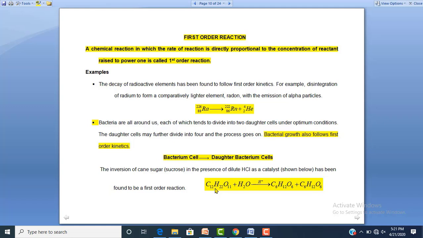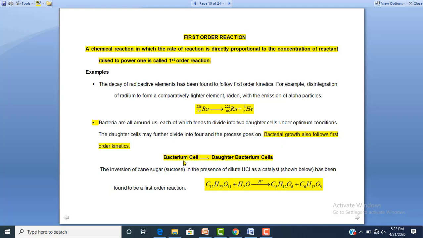So the first order reaction is a chemical reaction in which the rate of reaction is directly proportional to the concentration of reactant raised to power 1. The examples of the first order reaction are the disintegration of radium-226 into radon 222 and helium nuclei, or other radioactive elements into daughter nuclei.